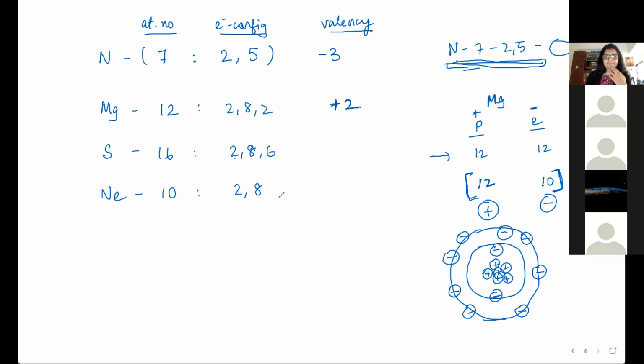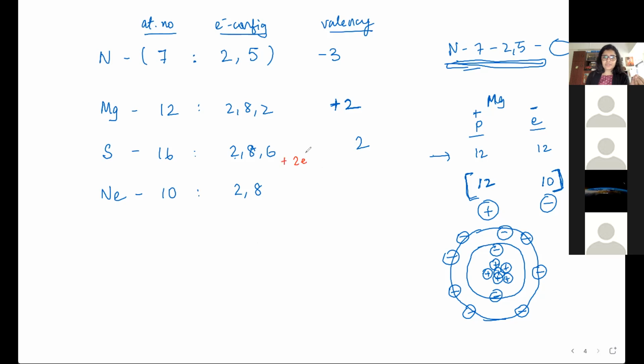Okay. So similarly, for sulfur you guys worked out the valency is 2. For sulfur, will it be +2 or -2? -2. Why -2? Because it is gaining more electrons. It's gaining 2 more electrons.